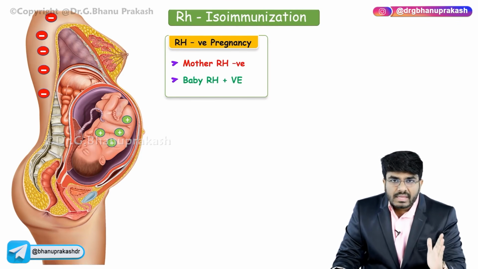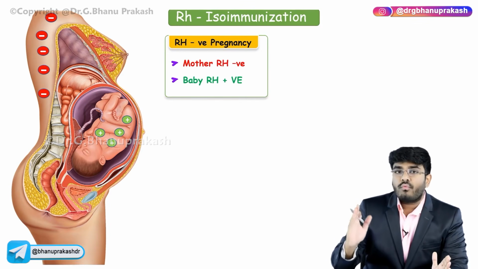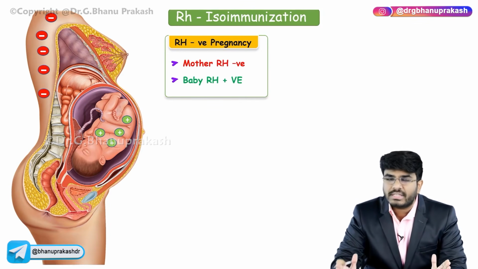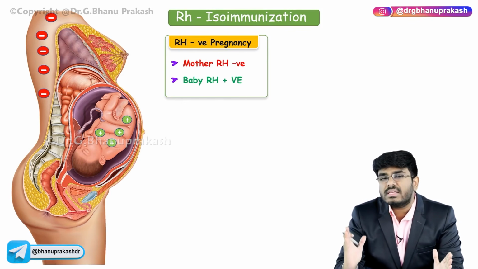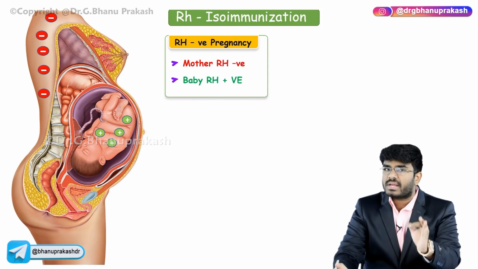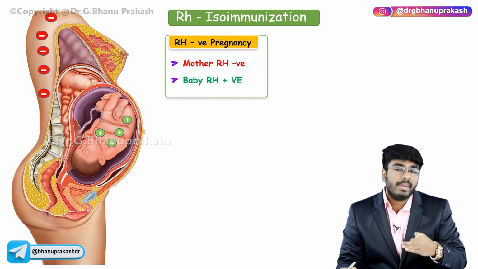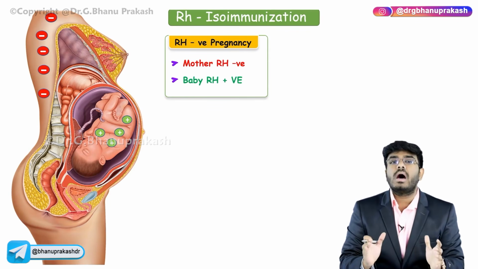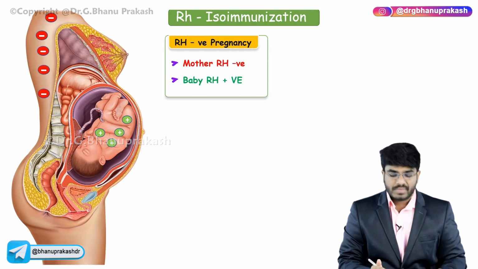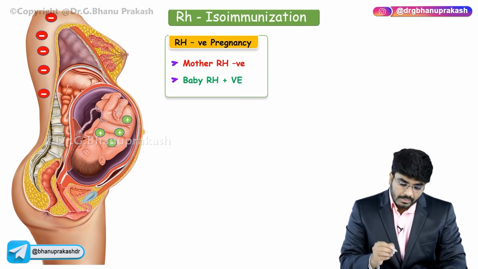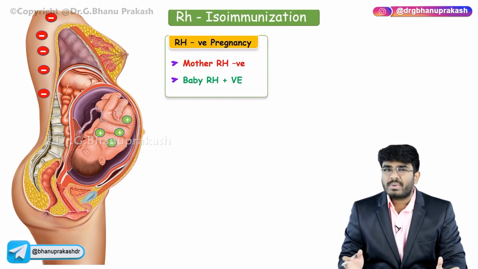If mother is RH negative and father is RH positive, very important, I am repeating, then there is a 50% chance that she can have a baby in her uterus with RH positive RBCs. So that's what is happening here. Mother is RH negative and the baby is RH positive. Then what's the problem?